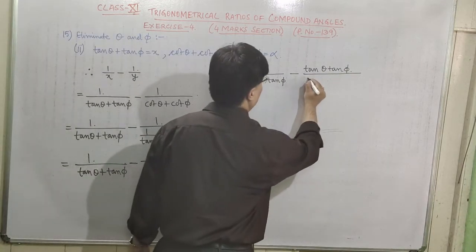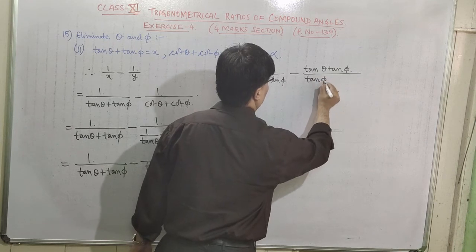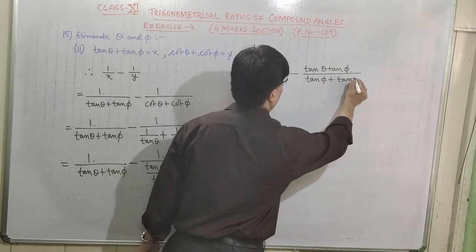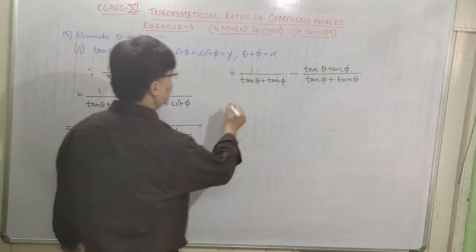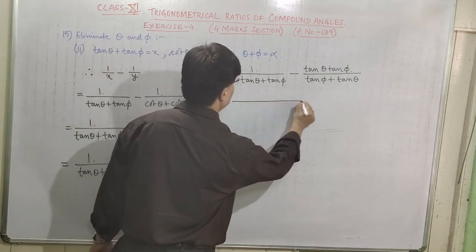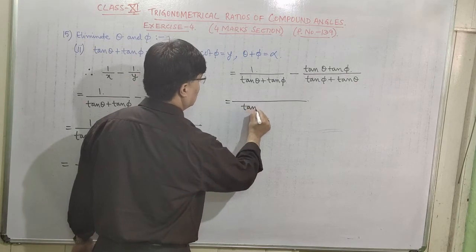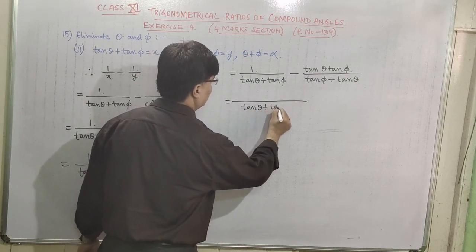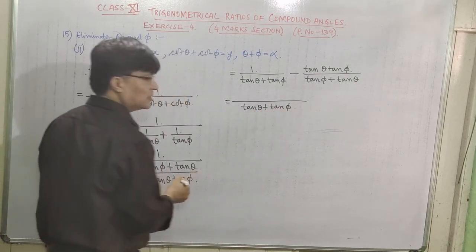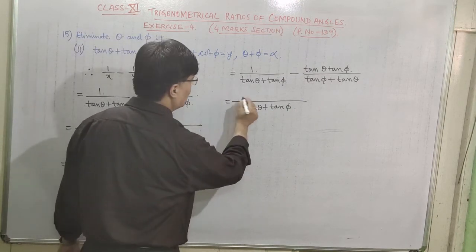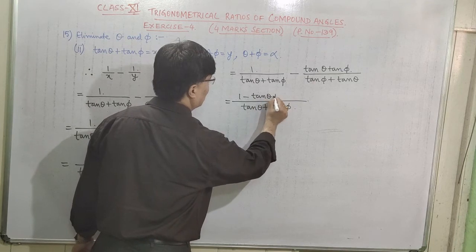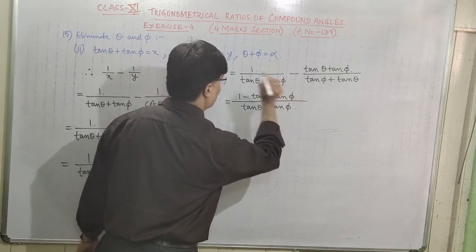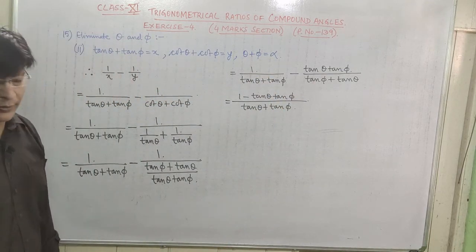Tan phi plus tan theta. Is that clear? Now let's take the LCM. So what's the LCM in this case? It is tan theta plus tan phi, right? So in the numerator we have 1 minus tan theta tan phi. So we have simplified it, okay?